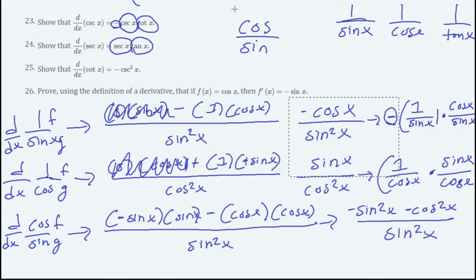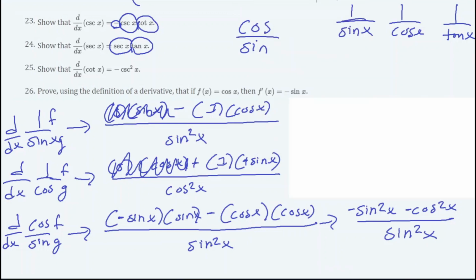So now let's erase this part right here so I can write it out. This is one good rule to know if you don't know it yet: sine squared x plus cosine squared x is always equal to 1. So we can apply that rule here.